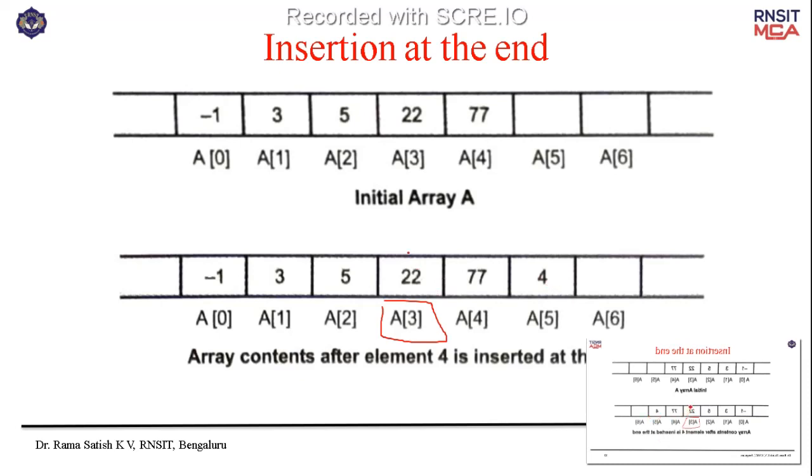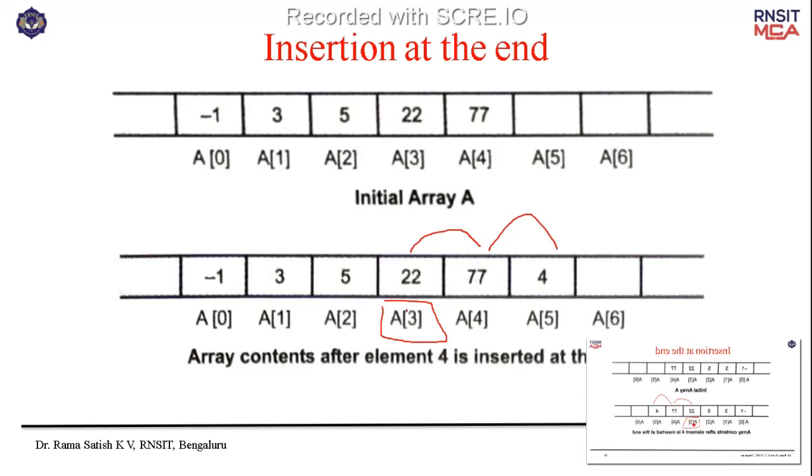What you have to do is move this 22 to the next cell. Before that, you should have moved 77 to the next cell, and later in the place of 22, 4 can be inserted. So there is a new element which has to be inserted in between.